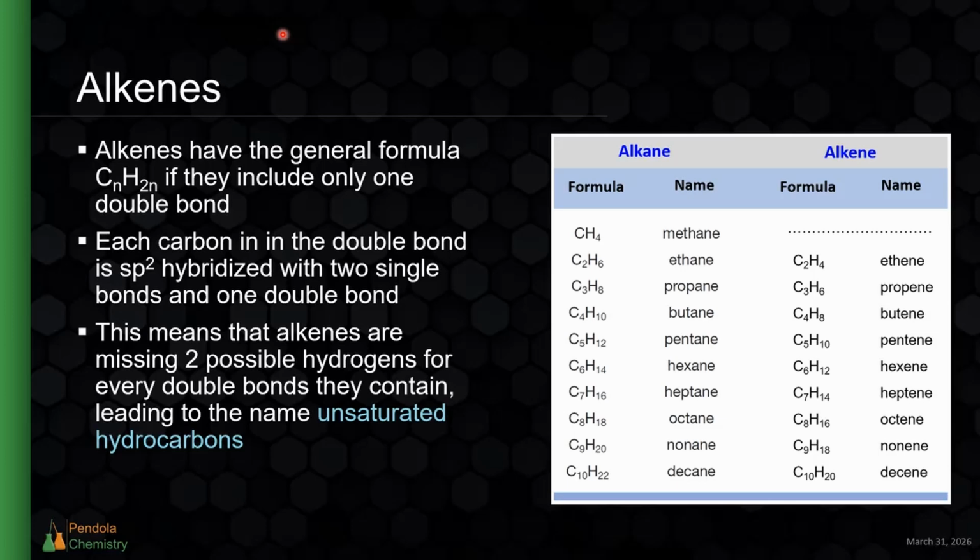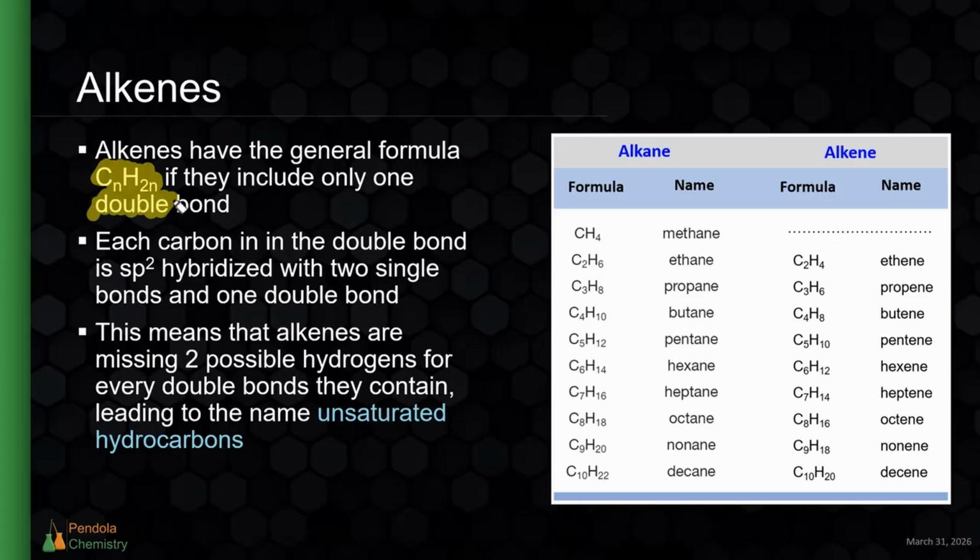Now, if we remember from chapter 14, alkenes are going to be compounds with the general formula CnH2n. So the reason why we have two less hydrogens than we do in the alkanes is because alkenes are going to have a double bond in them.